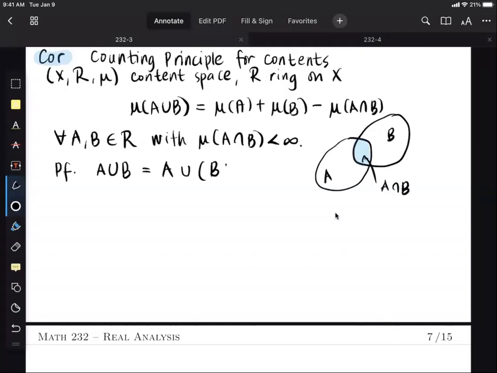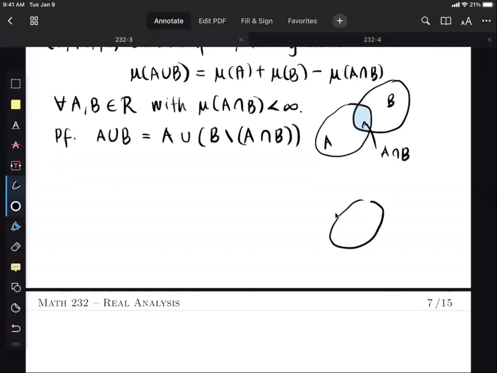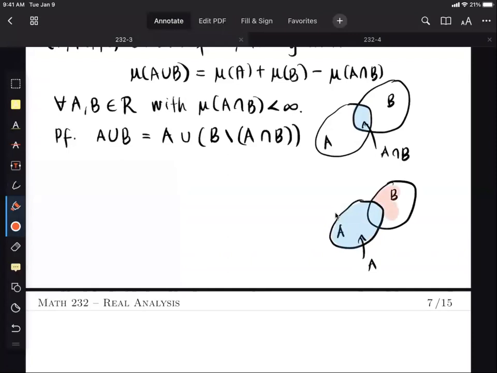So we need to subtract A. But that's the same as subtracting those elements in A that are also in B. So to visualize that, A would be this one, and the remaining part would be this region here.